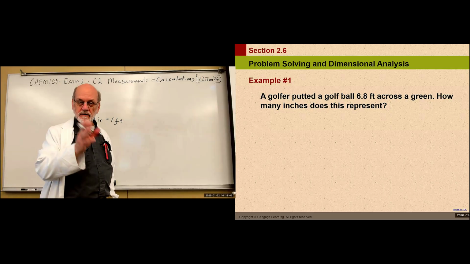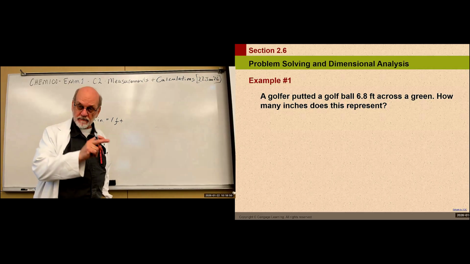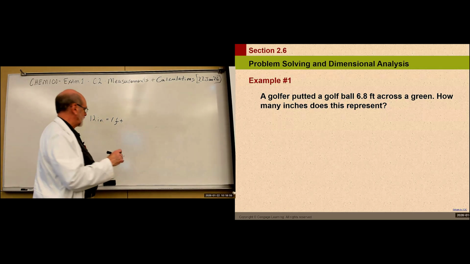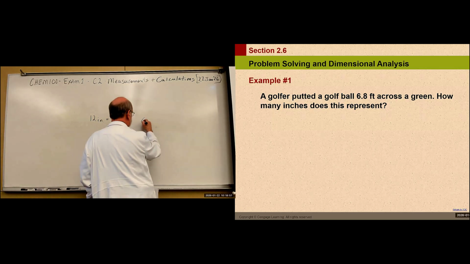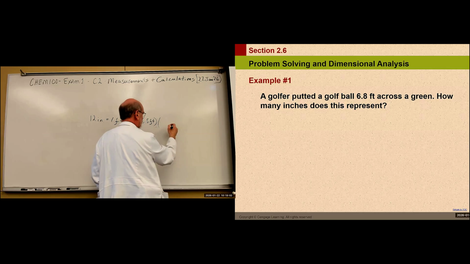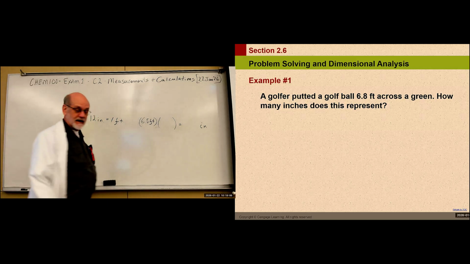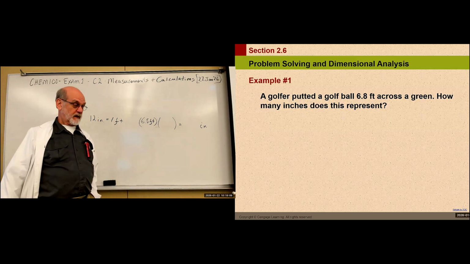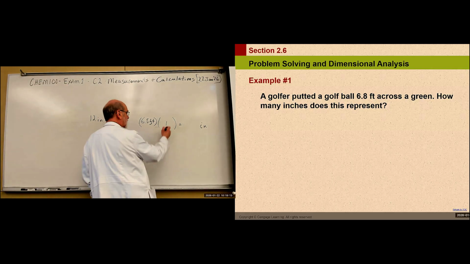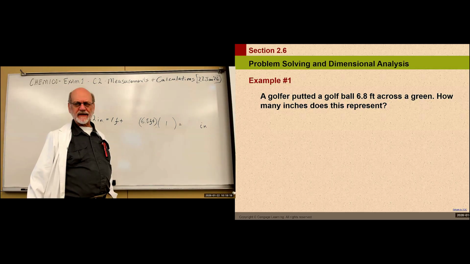You need to know that feet equals so many inches because we're converting from feet to inches. So we need to know that equivalence. And if we say 6.8 feet, we've got to multiply it by something to equal inches. Right? So we could multiply it by 1, right? Mathematics allows us to do that. Anything multiplied by 1 doesn't change the number. It's the same. But that doesn't get us our answer.